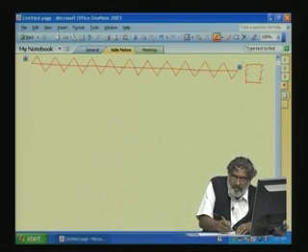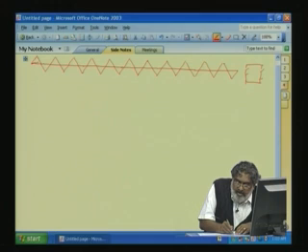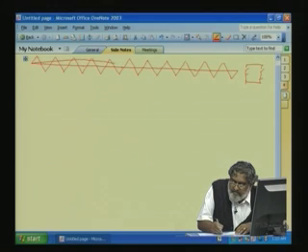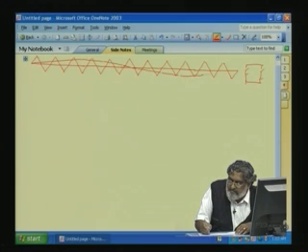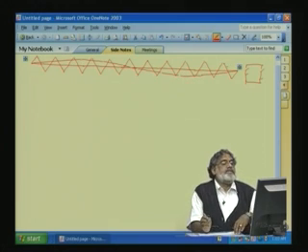Now let us draw the modulating wave. We will use the same modulating wave. This is the modulating wave.